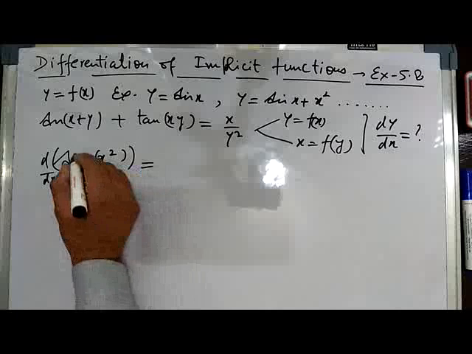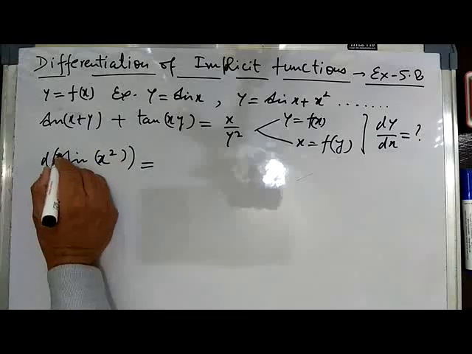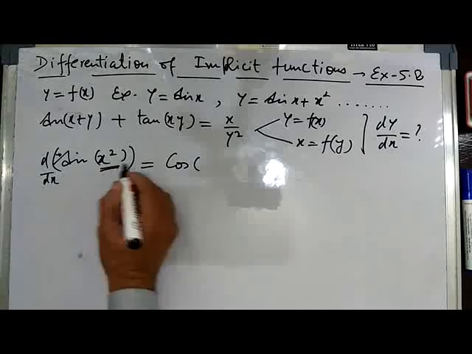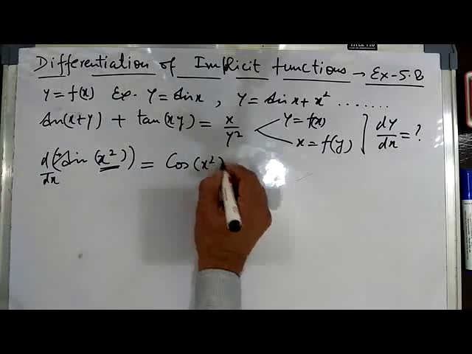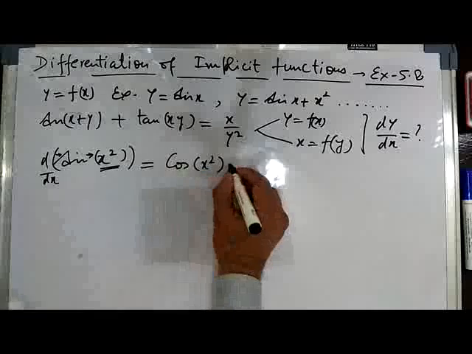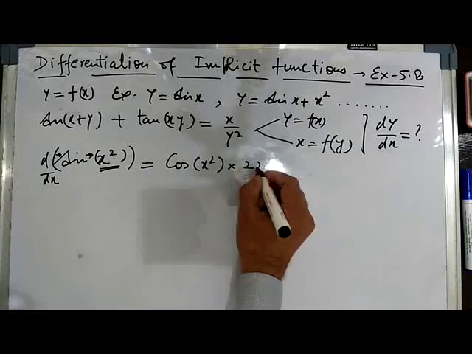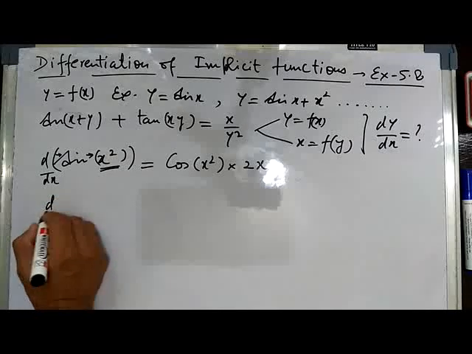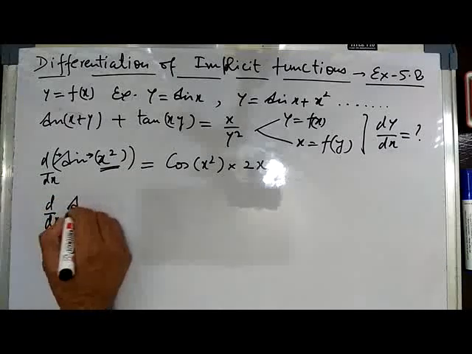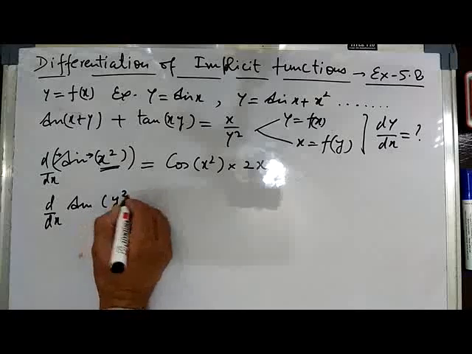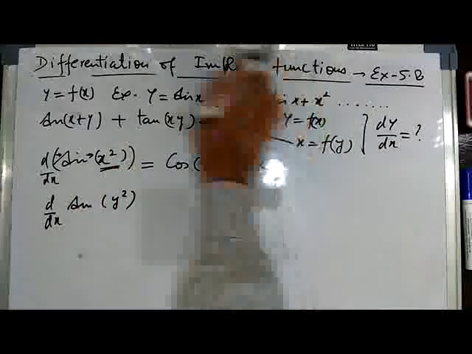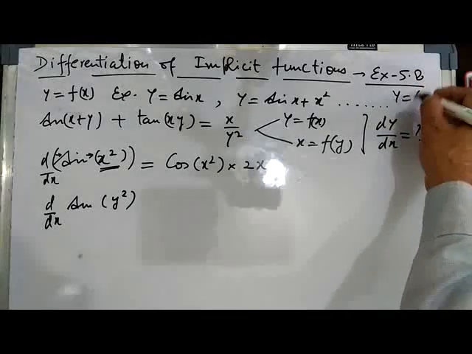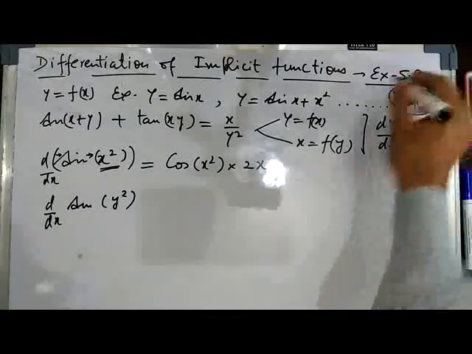According to the chain rule of differentiation, first you reach here, assuming this as an x, but there is no x, then you reach here and x square is differentiated as 2x. But suppose it is d dx of sine y square, and for all our phenomena in differentiation, we assume that y must be a function of x.